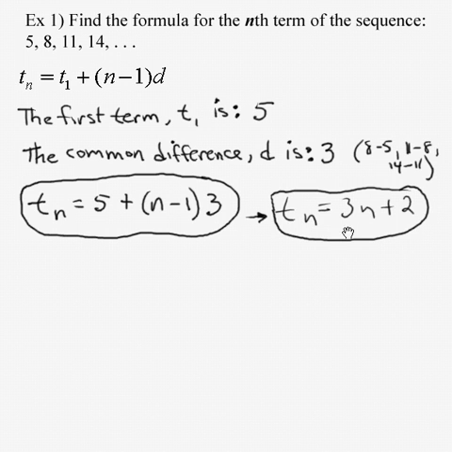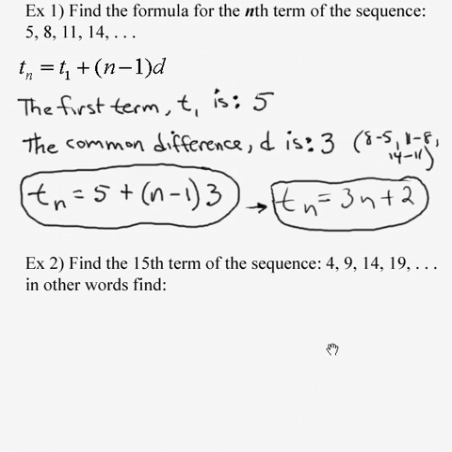So the nth term for this arithmetic sequence, or the formula that describes it, T sub n, is 3 times n plus 2. 3n plus 2. By the way, you can see that the common difference is represented in the 3 times n, and the 2 is where we're starting. If n is term 1, 3 times 1 is 3, plus 2 is 5. That's the first number we're starting at.